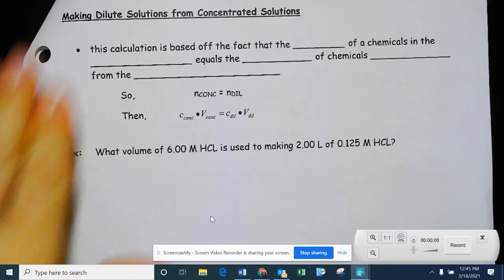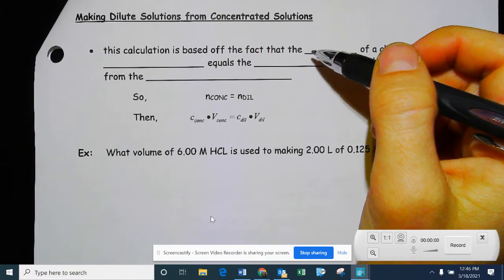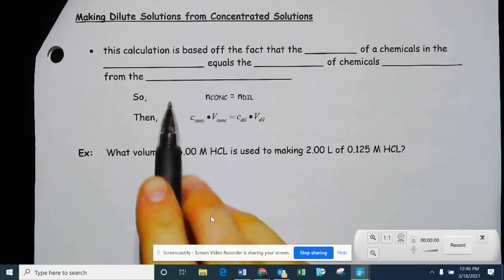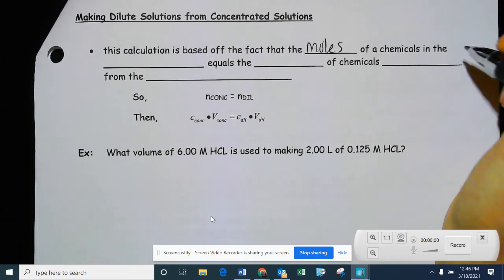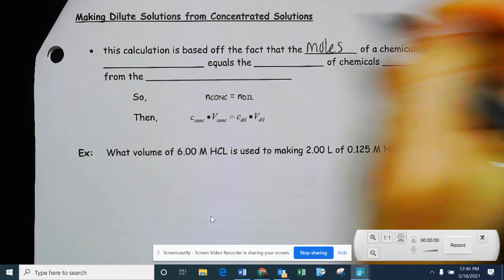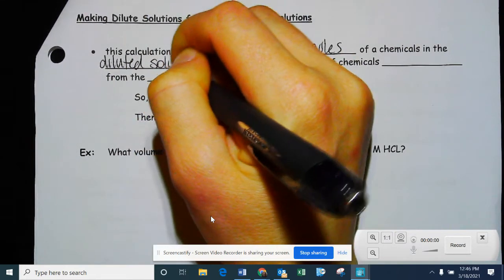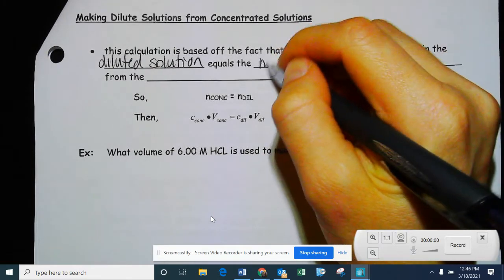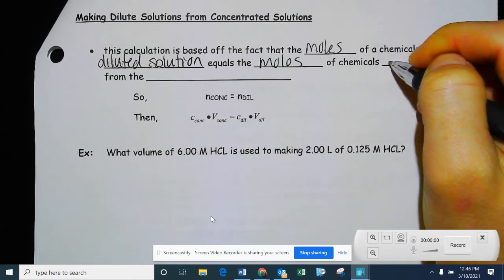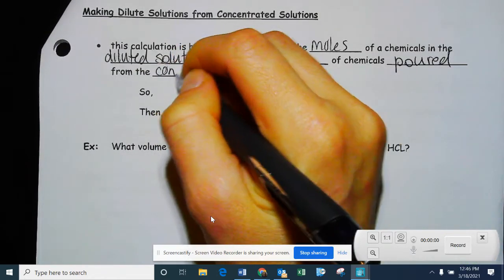All right. So what we're going to look at now is making dilute solutions from concentrated solutions. The calculation is based off the fact that the moles of chemicals in the diluted solution is equal to the moles of chemicals poured from the concentrated solution.